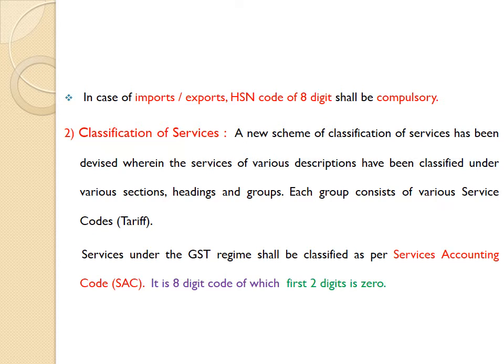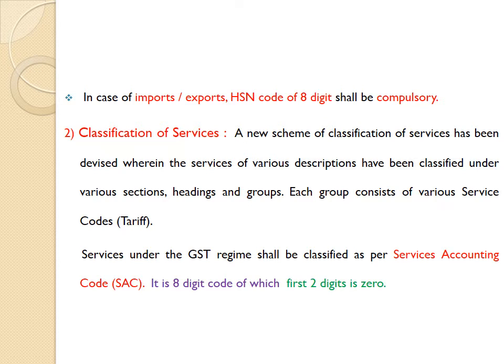Now we are looking at classification of services. A new scheme of classification of services has been devised wherein the services of various descriptions have been classified under various sections, headings and groups. Each group consists of various service codes.